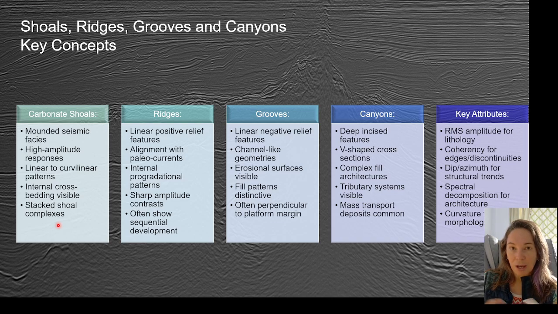You can see the mounding of them or the carving of them. Spectral decomposition can be really great for architecture too. And then if you have a curvedness or curvature attribute, that can be great for morphology and seeing those geometric patterns. So as always, thanks for listening.